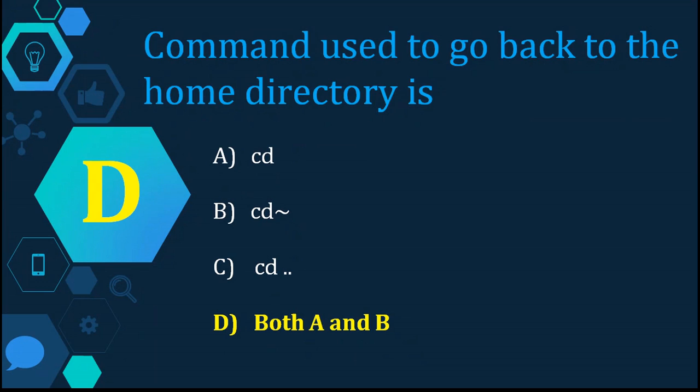Now let's see how it is correct. Option A is cd, that is used to change the directory, right? And what about option B? cd tilde symbol, right? And option C is cd space two period symbols, right? So both A and B are correct.